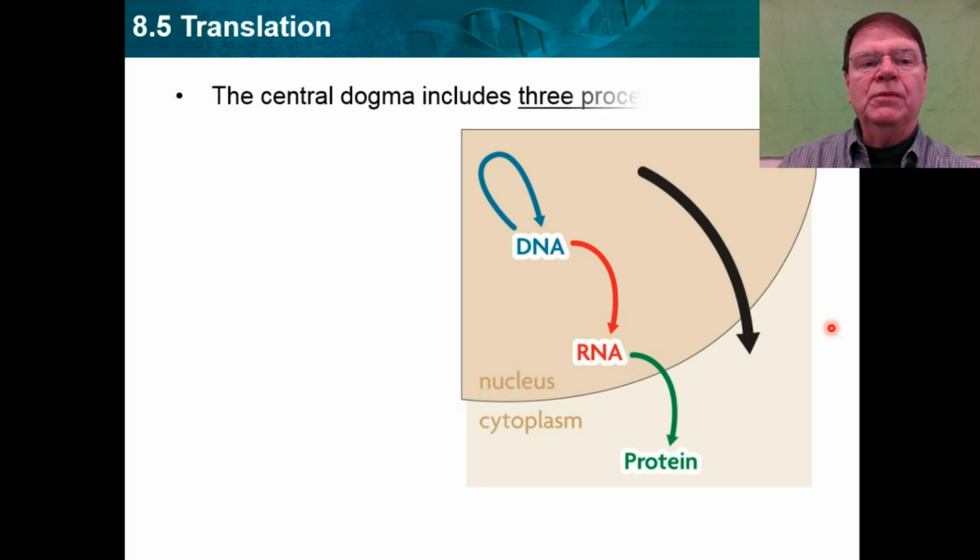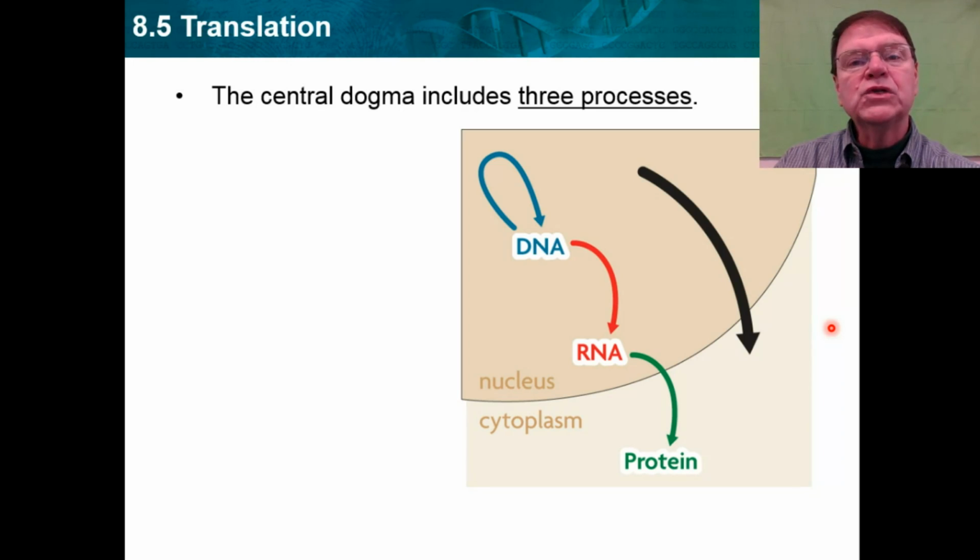In our last segment, if you remember, we looked at something called the central dogma of molecular biology, and you can see that it includes three processes that we briefly outlined in our last session. Replication is when DNA gets copied once during the cell cycle, so that every cell has a copy of all the genetic information that organism will have.